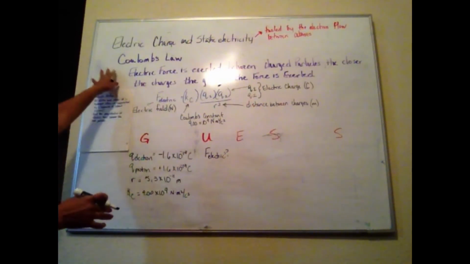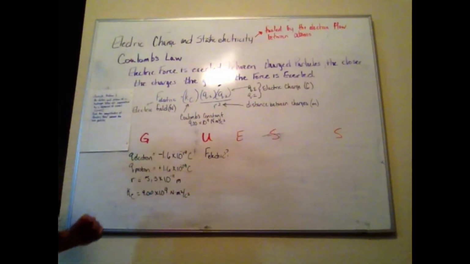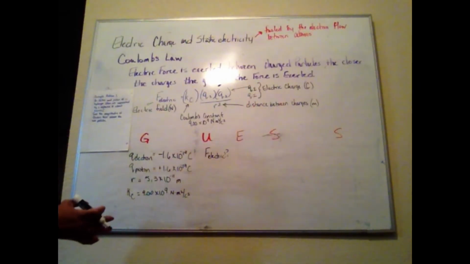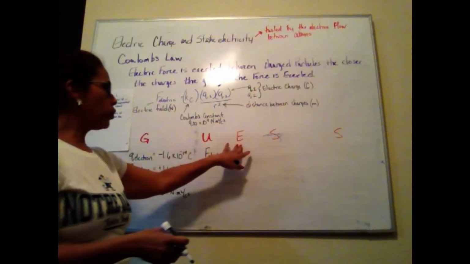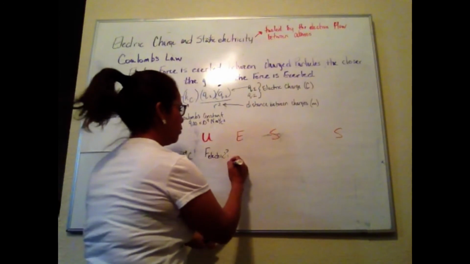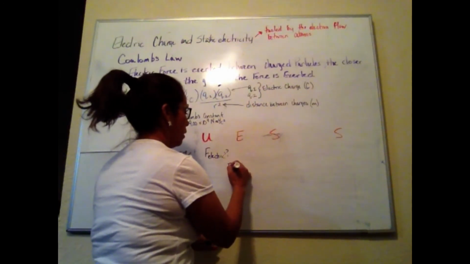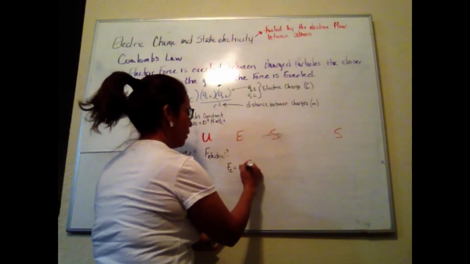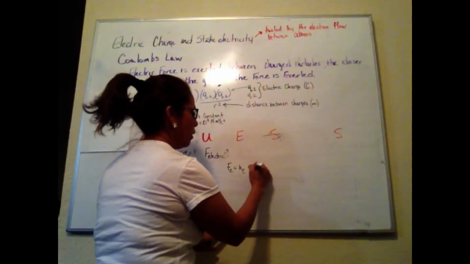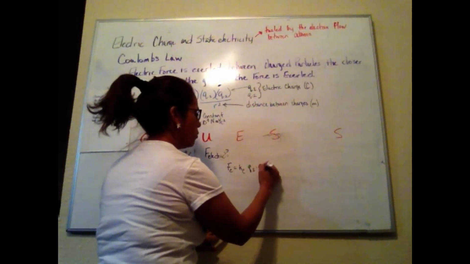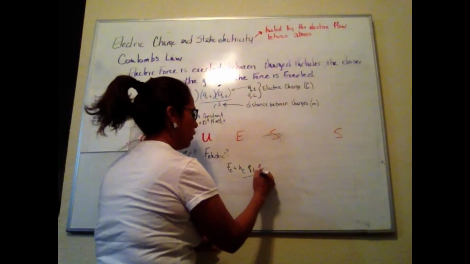Again, because Coulomb's law states that the closer the particles are together, the stronger the force is going to be. So the equation, again, is the one we wrote up here: Fe is equal to K times Q1 times Q2 divided by r squared.